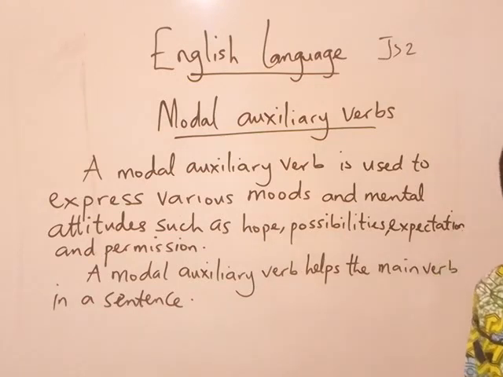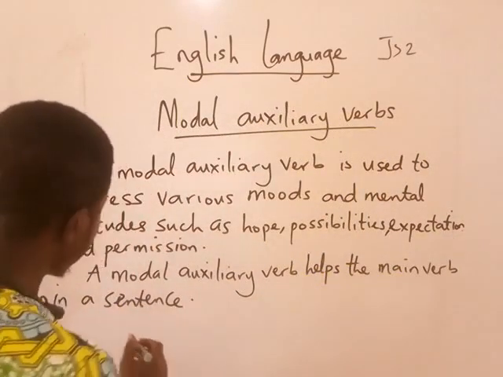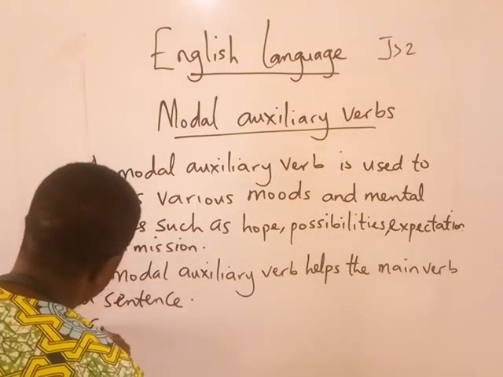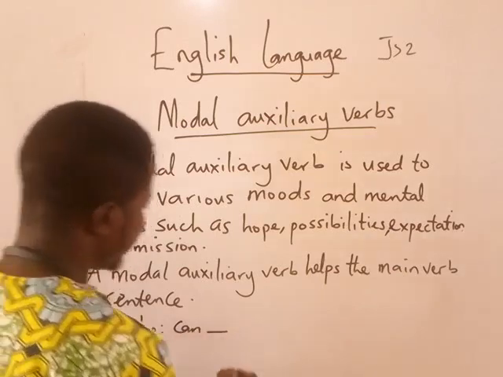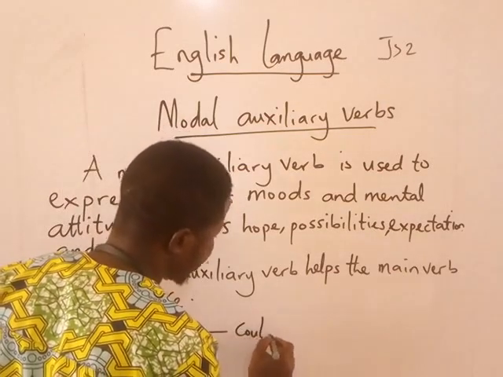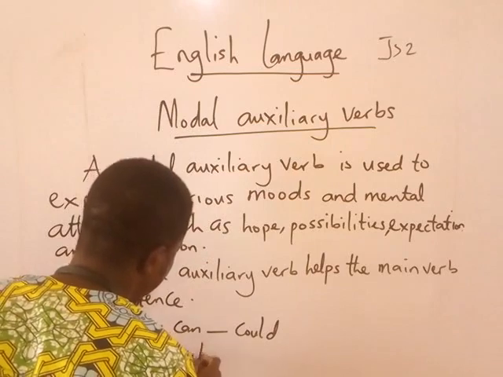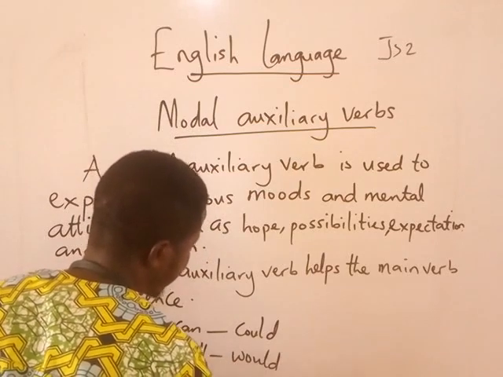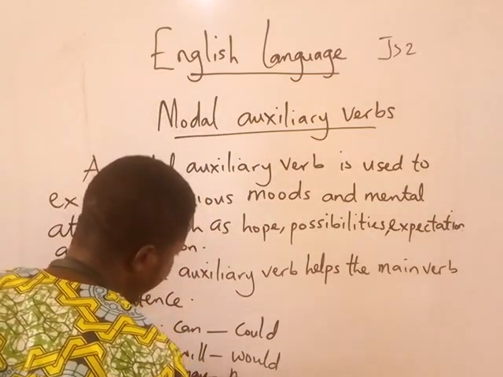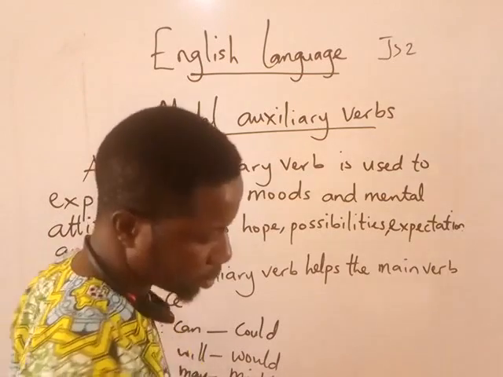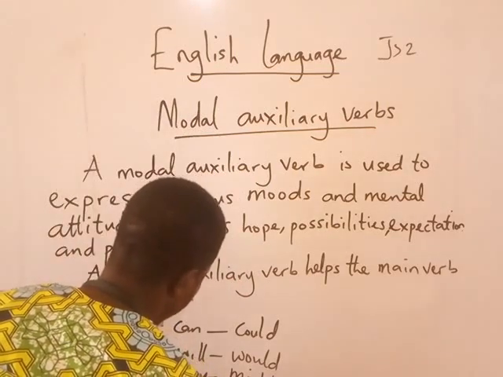Let us first look at those modal auxiliary verbs that change when we use them. Examples of these are: can, which changes to could; will to would; may to might; shall to should.